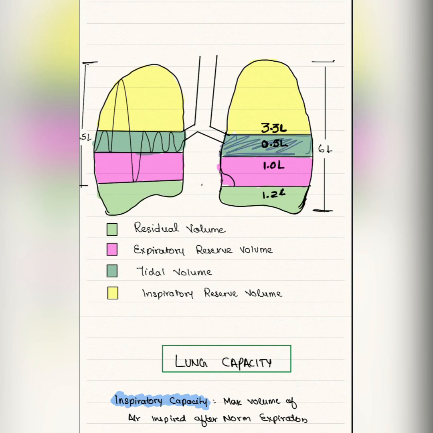After that, with maximum effort by the inspiratory muscles for forceful inspiration, the amount of air that is added into the lung, together with tidal volume, makes the inspiratory capacity. Means the capacity of the lung to inspire, which is tidal volume and inspiratory reserve volume. This area is inspiratory reserve volume and tidal volume.